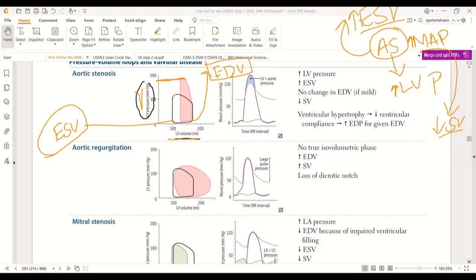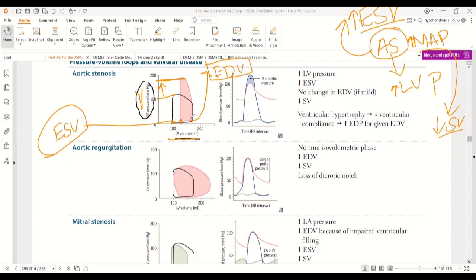This is the normal pressure, and this is the increased pressure. Here is the normal end-systolic volume, and this is the end-systolic volume in aortic stenosis. On the graph it will increase. And what happens to end-diastolic volume? No change, it remains unchanged.